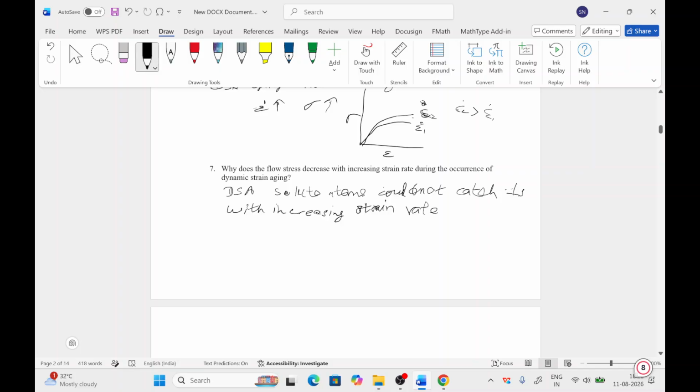Why does the flow stress decrease with increasing strain rate during the occurrence of dynamic strain aging?